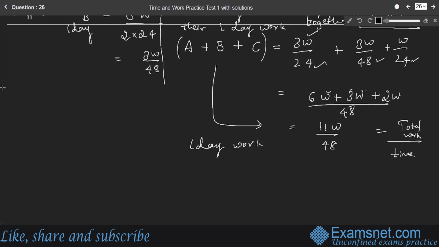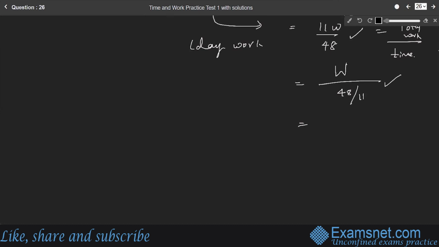Here we'll express the numerator in terms of W. That means total work W divided by denominator becomes 48 by 11. Both are the same. 11W by 48 is equal to W by 48 by 11, where W is total work, 48 by 11 is time.